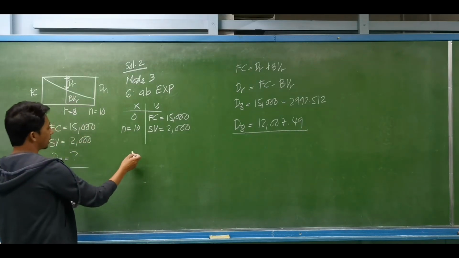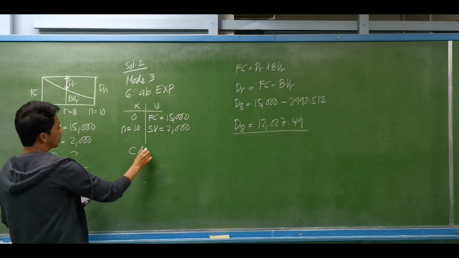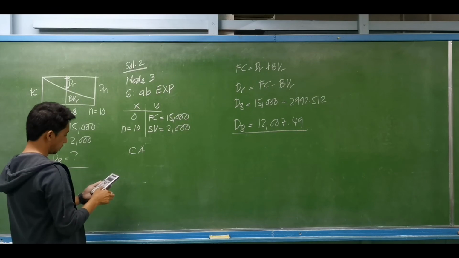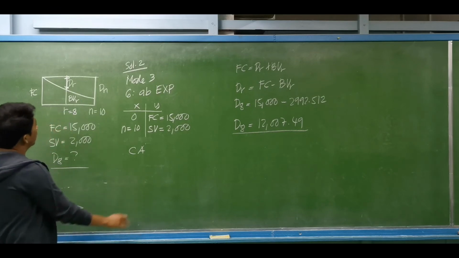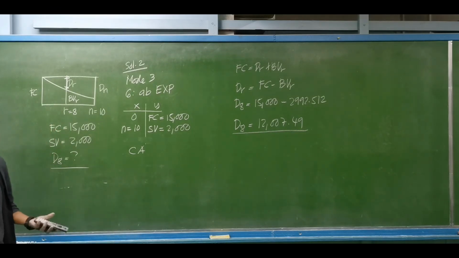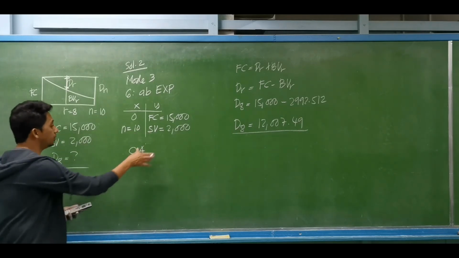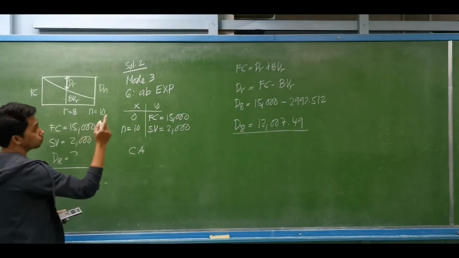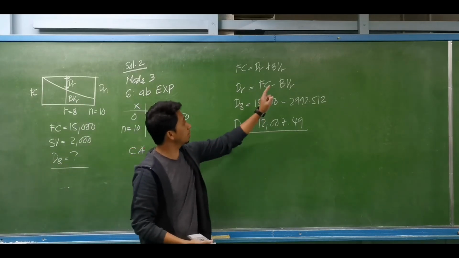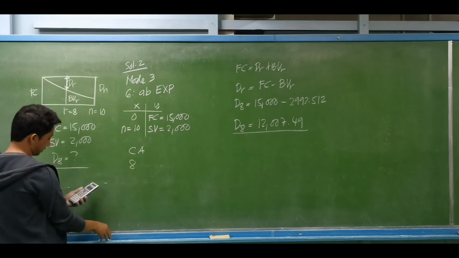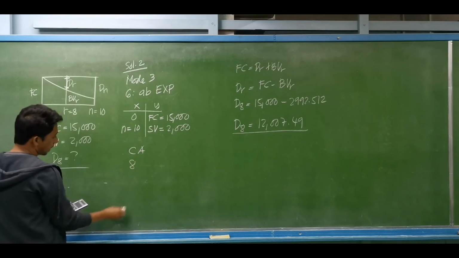Again, we may press clear all. Then we can compute for the book value, which is book value number 8. We may enter 8, then shift ups.